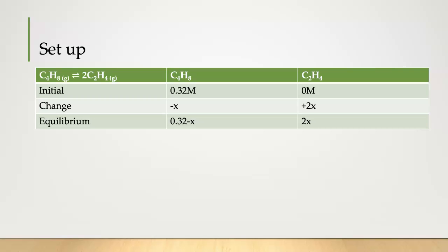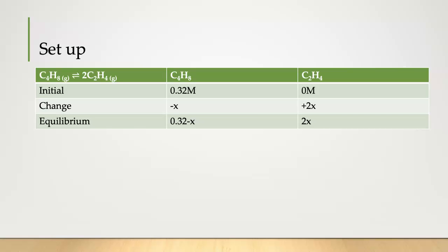The change is going to be minus x and plus 2x given from your stoichiometry measurements, because you know this equation has to go forward due to the fact that you don't have any reactants. So at equilibrium, you're going to have 0.32 minus x and plus 2x, given the fact that this reaction is going to go forward.